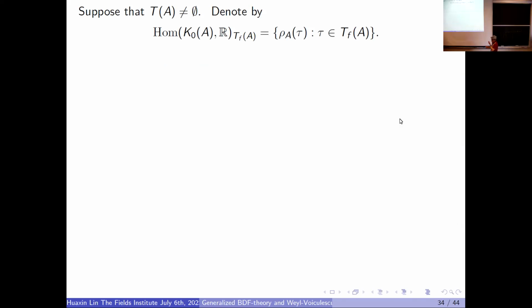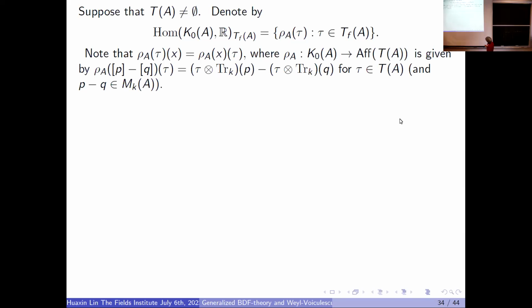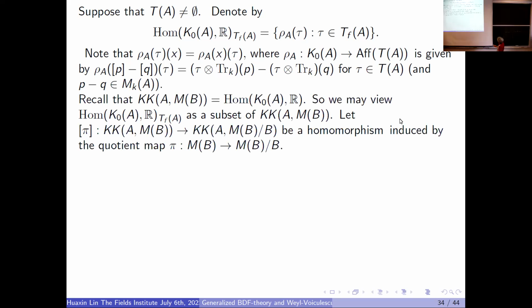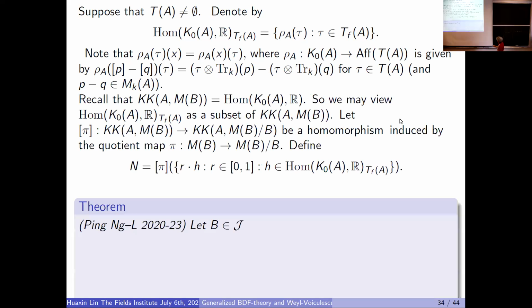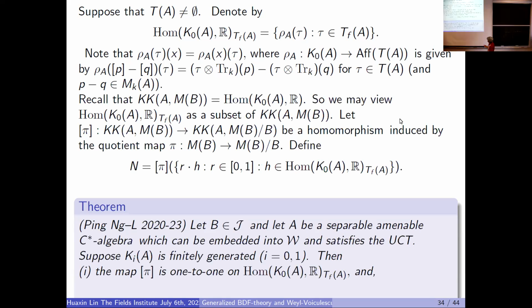Now, let me try to say something somewhat complicated. I'm not sure that I want to say too much about a pairing, but let's say KK of A to M B is a Hom of K0 to R. Okay. And so why I want to introduce all these notations is we can say the following in this case.